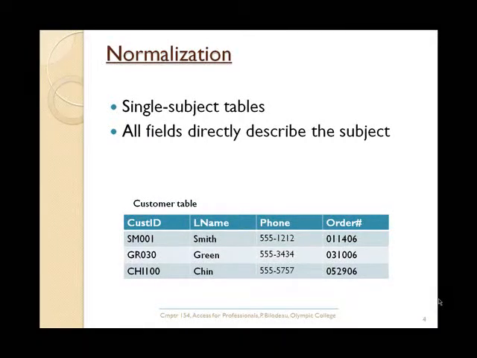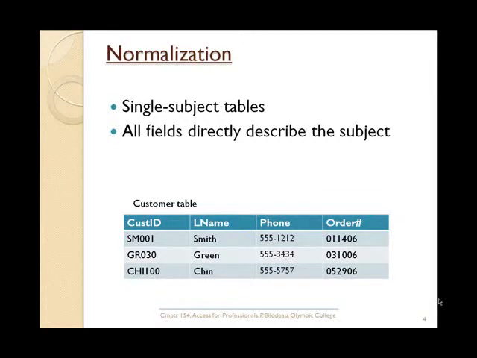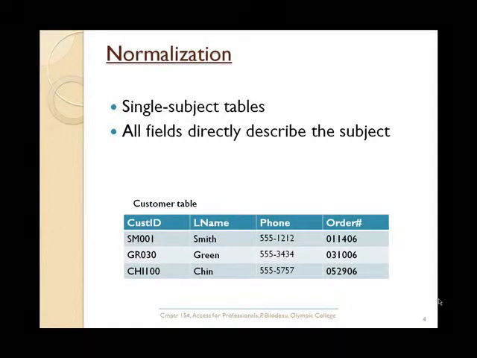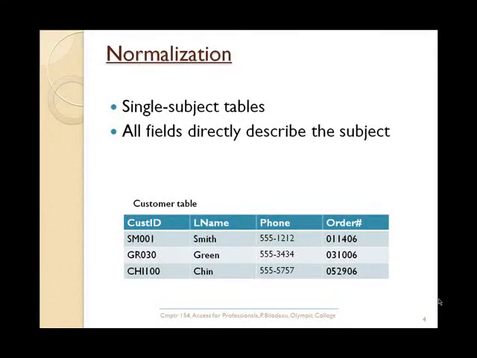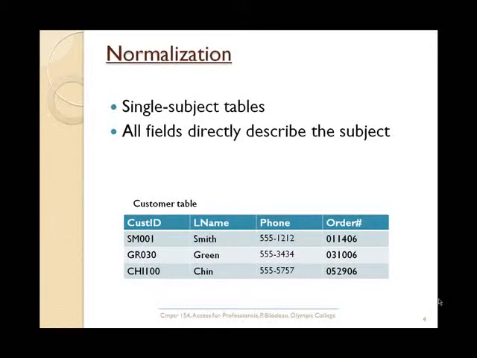All fields in the table need to relate directly to the primary key, since this field epitomizes the table's subject. One way to look at this is that all fields directly describe the subject. You will also ensure that each attribute has only one value for the subject.